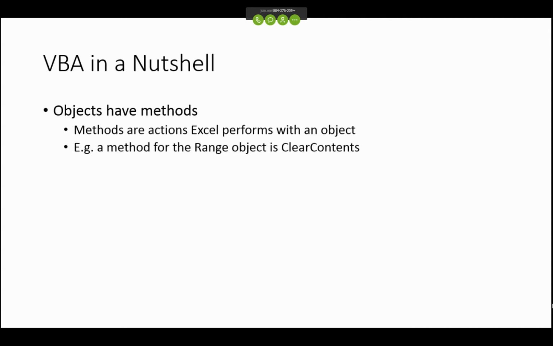Okay. Methods or actions are referred to in the same way that properties are. You just add a dot and then put the name of the method. So if I were to type this in and run it, everything from cell A1 would be deleted. Okay?